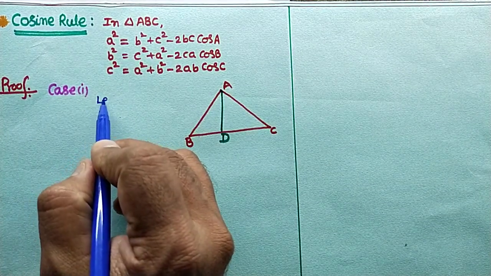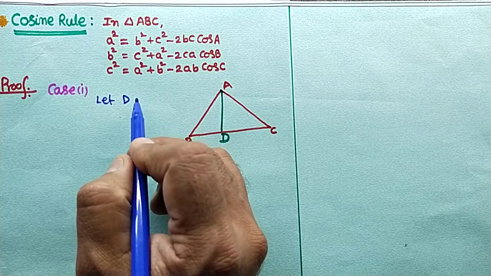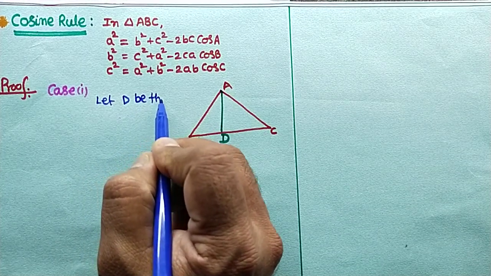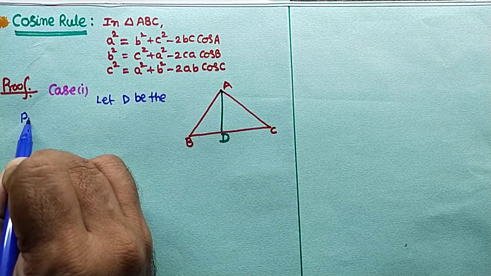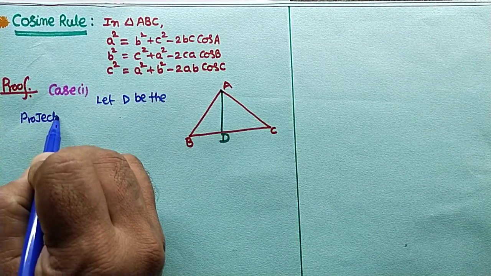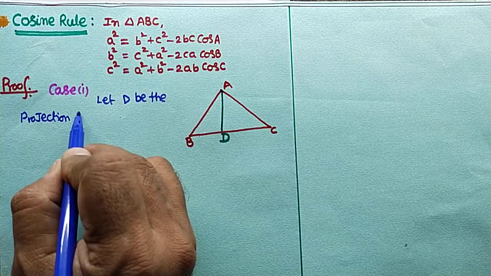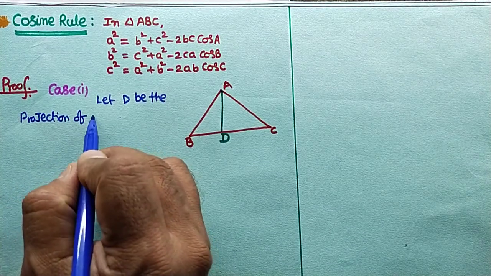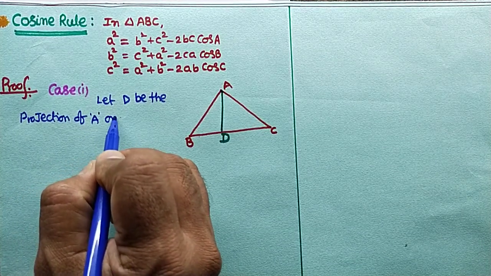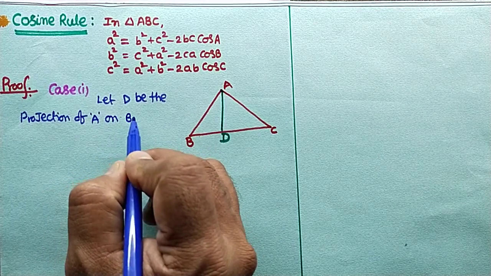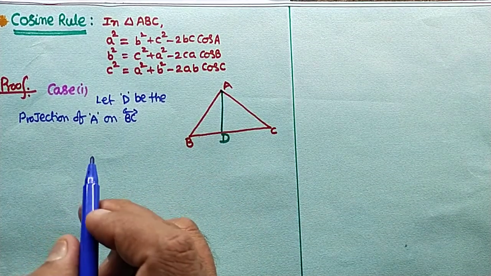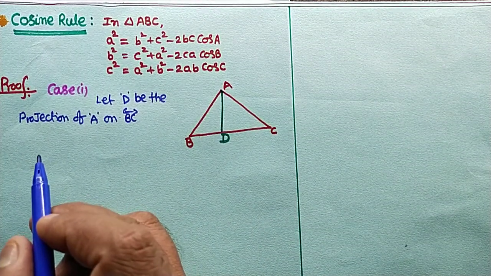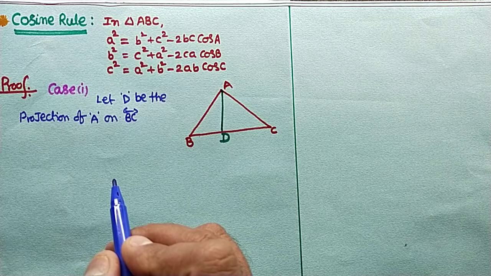Let D be the projection of A on the side BC. In this case 1, suppose B is an acute angle.